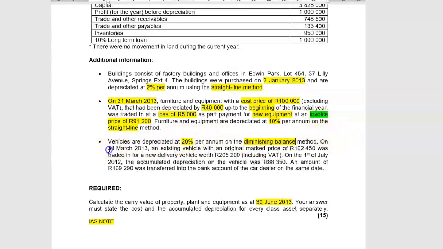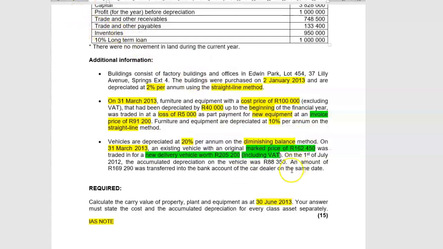On 31 March 2013, an existing vehicle with the original market price of 162,450 (a market price means that was price inclusive of VAT) was traded in for a new delivery vehicle with a price of 205,200, which is also inclusive of VAT.